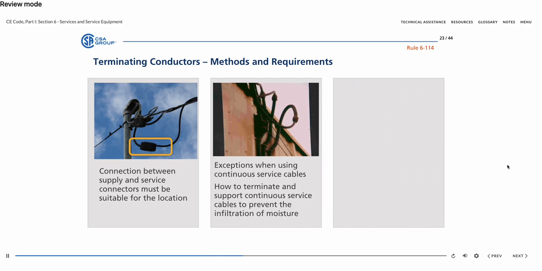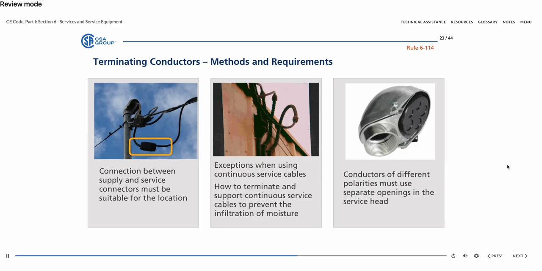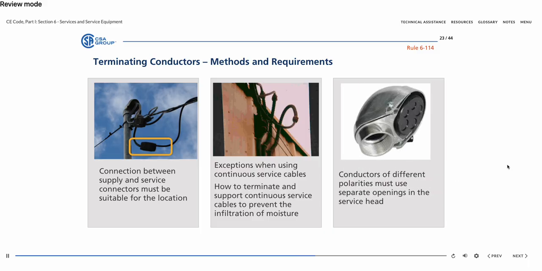How to terminate and support continuous service cables to prevent the infiltration of moisture. That conductors of different polarities must use separate openings in the service head. The use of Rule 6-302, Item 3 to install consumer service conductors. And that the overhead supply service conductors and cables and the consumer service conductors are arranged as per Rule 6-116.